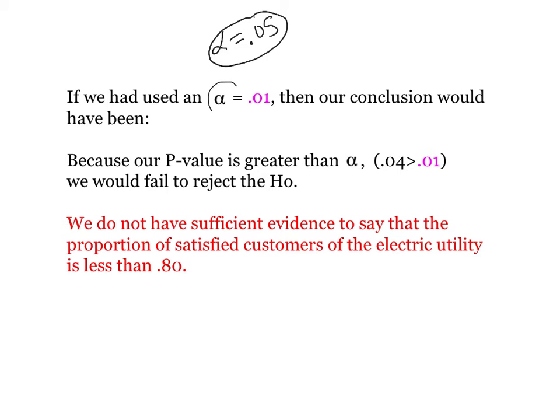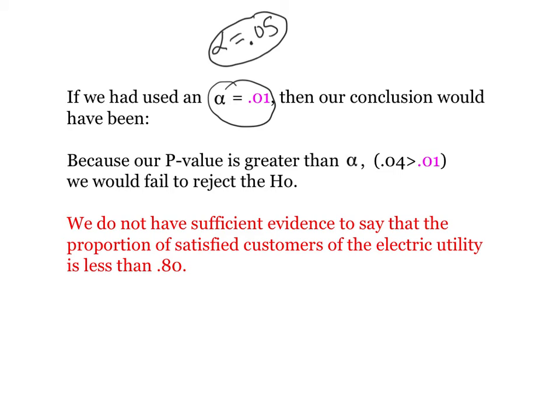But they can choose different alphas. So if they had used an alpha of 1%, then our conclusion would have changed, okay? Because our p-value is greater than alpha now. So 4% is more than 1%, so now we would fail to reject the null, okay? So then we'd say we do not have sufficient evidence to say that the proportion of satisfied customers of the electric company is less than 80%.